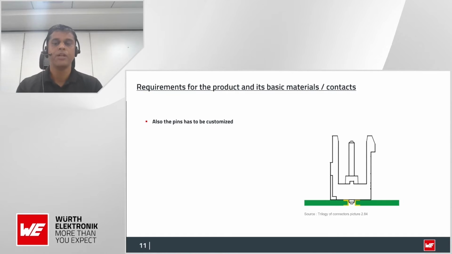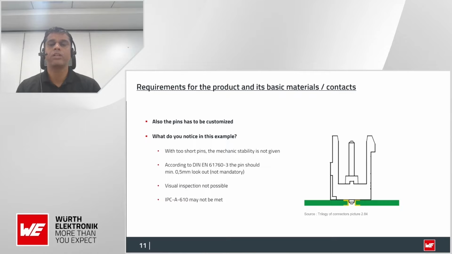If you ask me, no, but yes, if you see the picture now, the pin of the connector is very, very small. If you assemble this component on the PCB, what happens is it will not solder properly, and it will not have the proper mechanical stability you expect from through hole components.